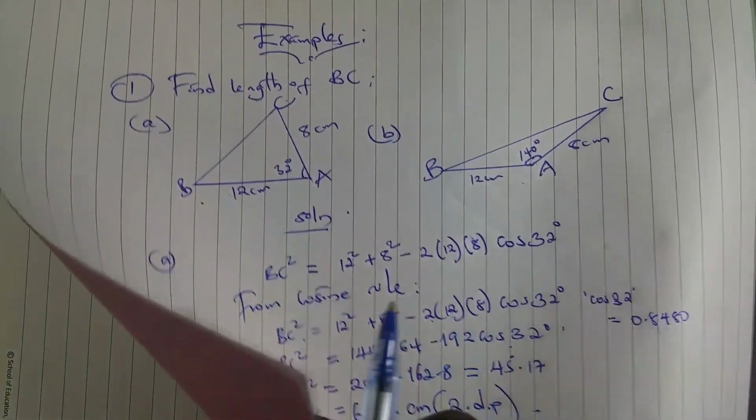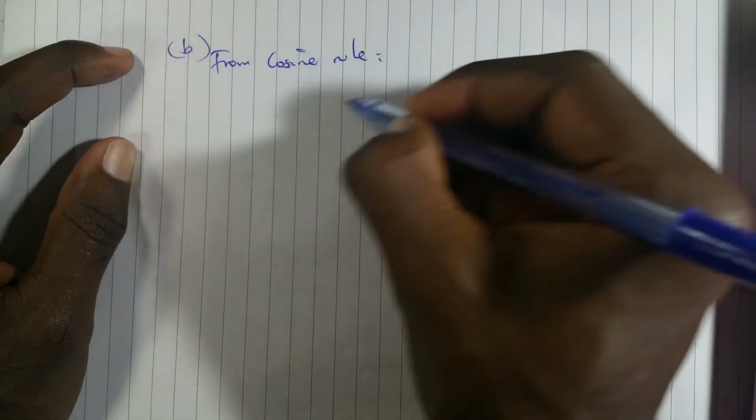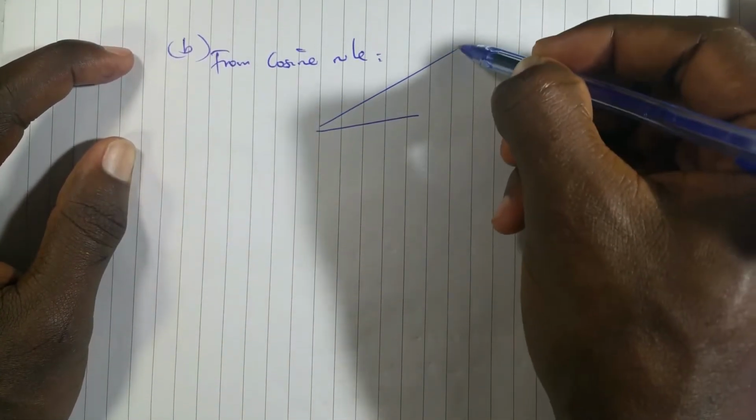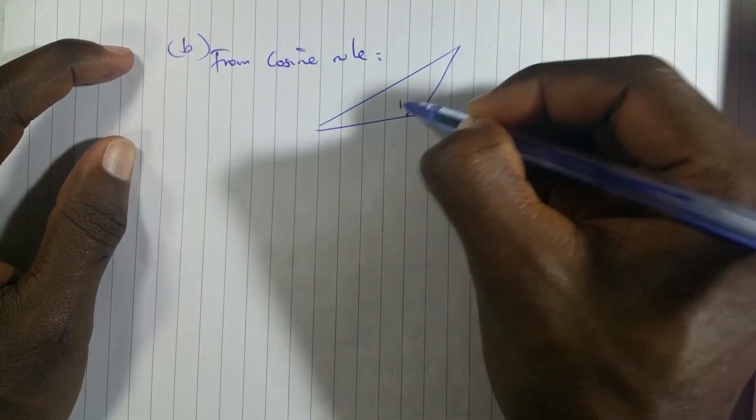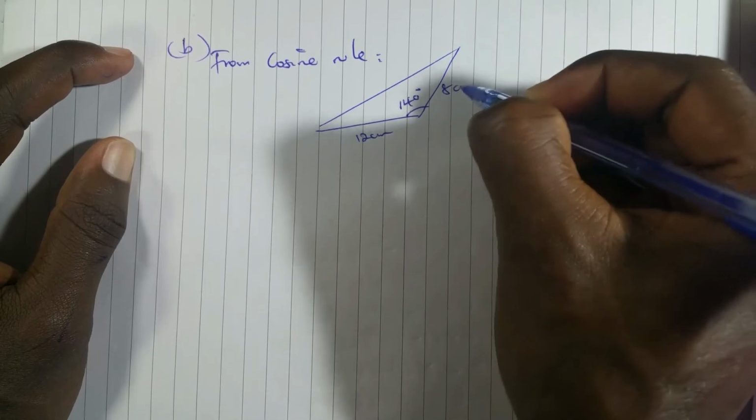Let us go to B. B has 140 as the angle, and the sides are still 12 and 8. We have B still from the cosine rule. The triangle is like 140 degrees here, 12 centimeters here, 8 centimeters here.